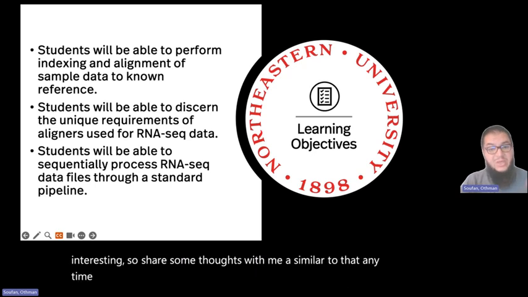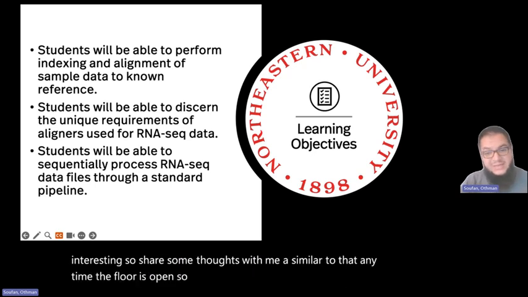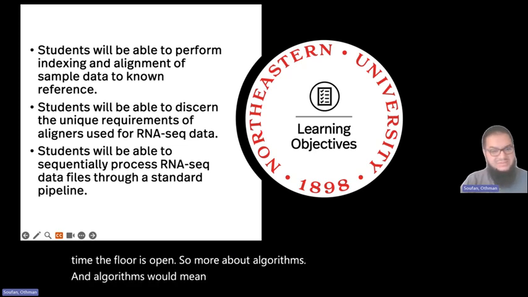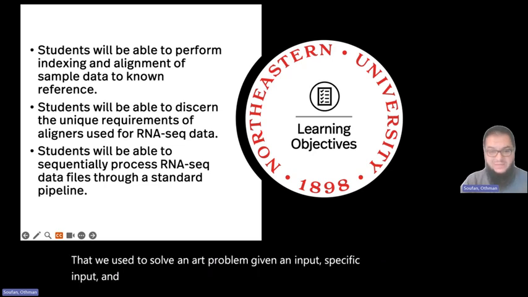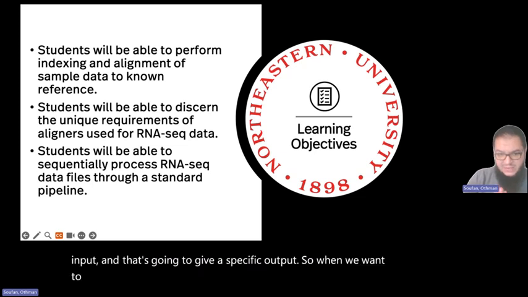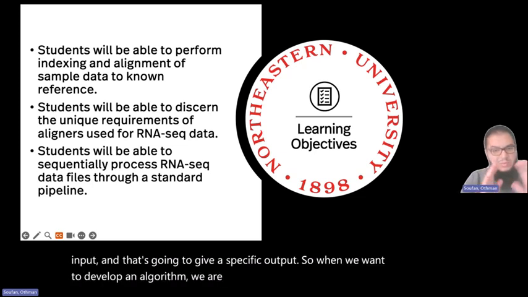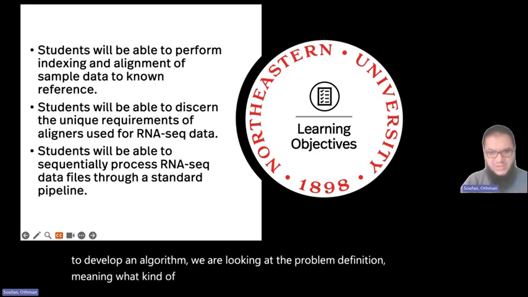The floor is open. So more about algorithms, and algorithms would mean steps that we use to solve a problem given a specific input, and that's going to give a specific output. So when we want to develop an algorithm, we are looking at the problem definition, meaning what kind of challenge we are working with.